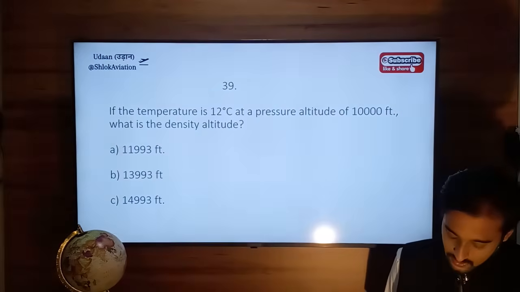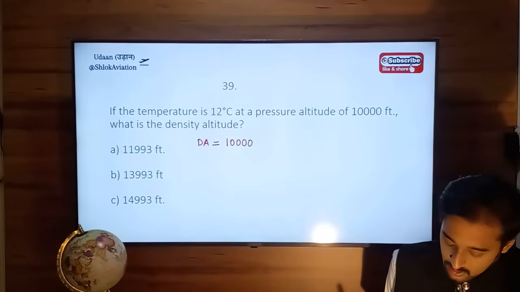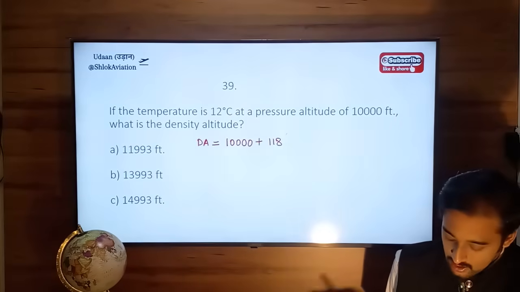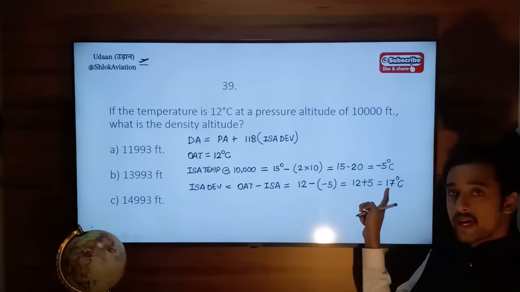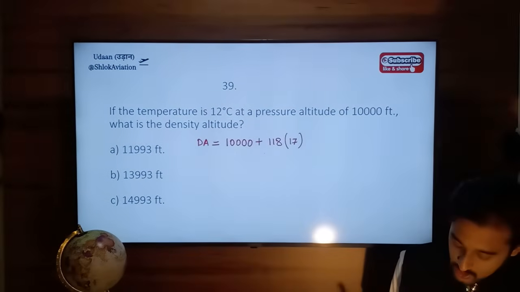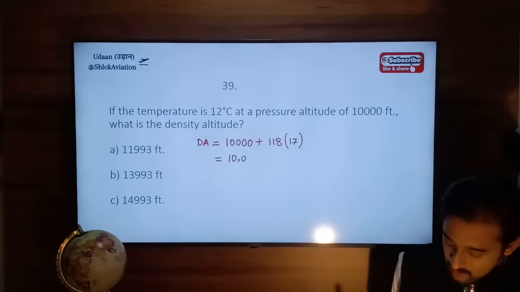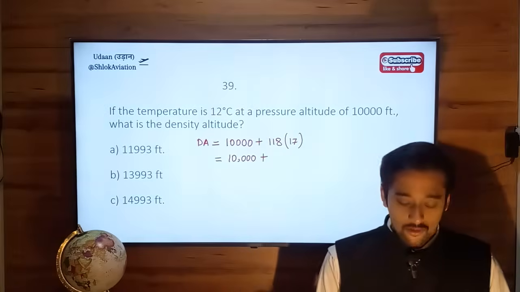So density altitude will be equal to pressure altitude 10,000 plus 118 into ISA deviation. ISA deviation is how much? It is 17 degrees Celsius. So 10,000 plus 118 into 17 equals how much?